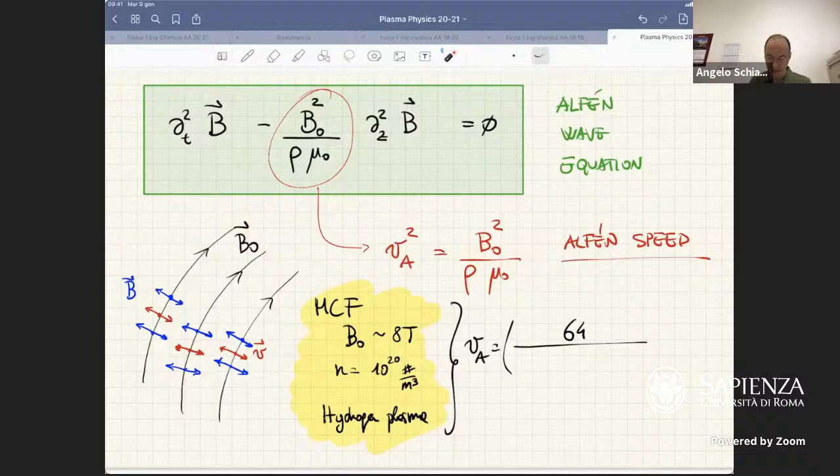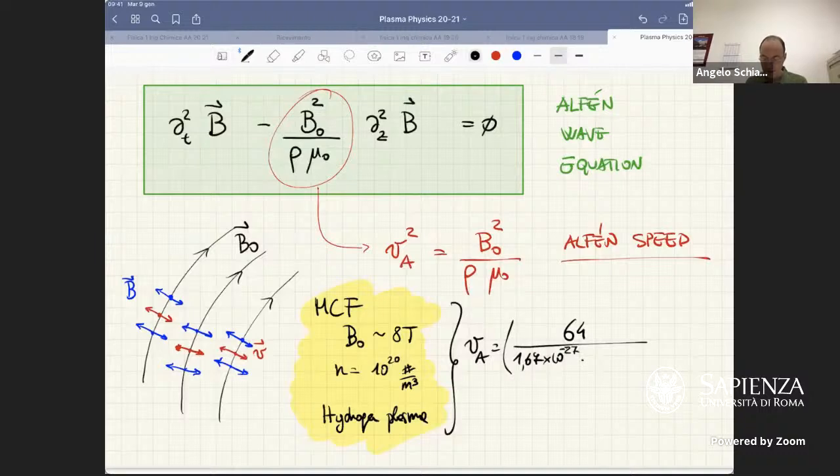And the ion for hydrogen plasma is the proton, and the mass of the proton is something like 1.67 times 10 to the minus 27 kilograms. Using standard units is much simpler. Minus 31 is the mass of the electron.